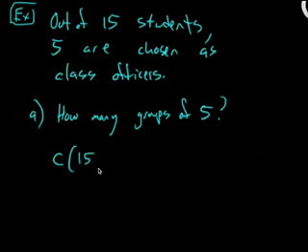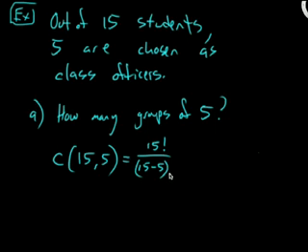Out of 15, we're choosing 5. So according to our formula, that would be 15 factorial over 15 minus 5 factorial times 5 factorial. And I always forget to make my vinculum long enough there. Let's simplify this.